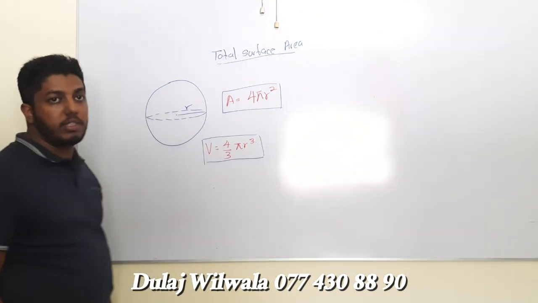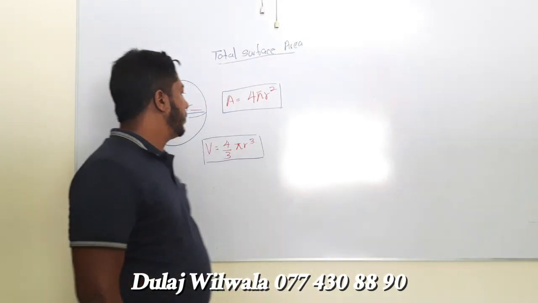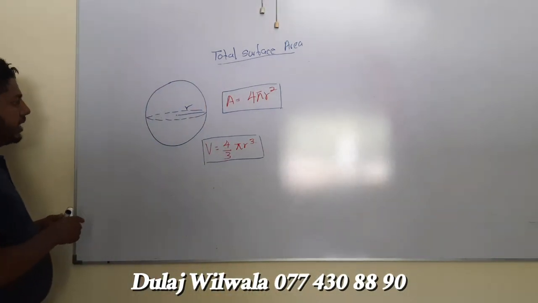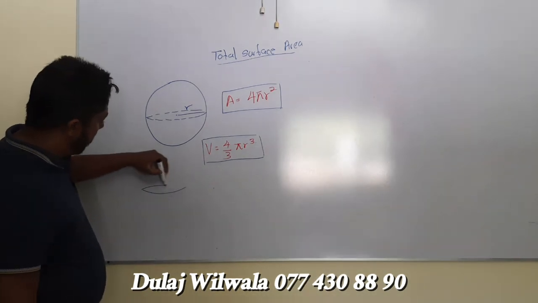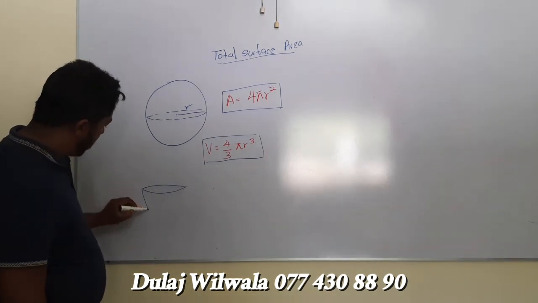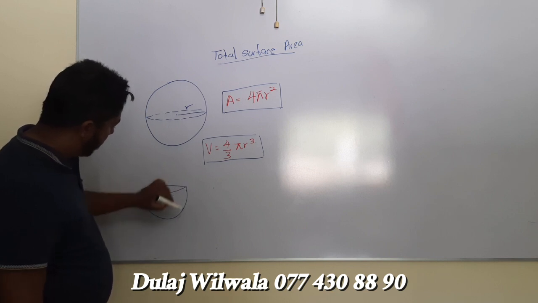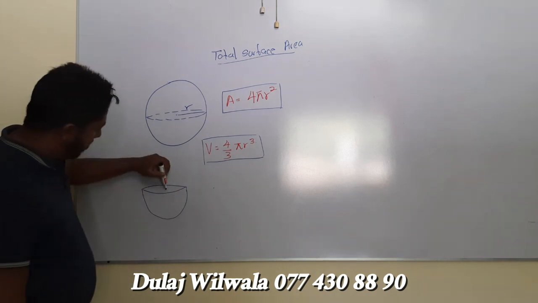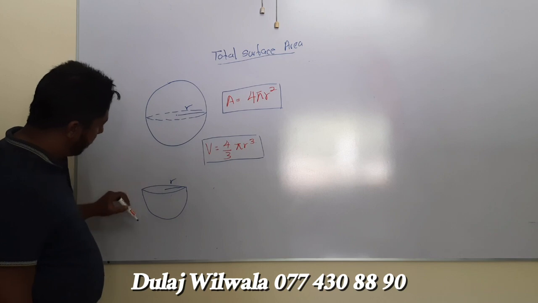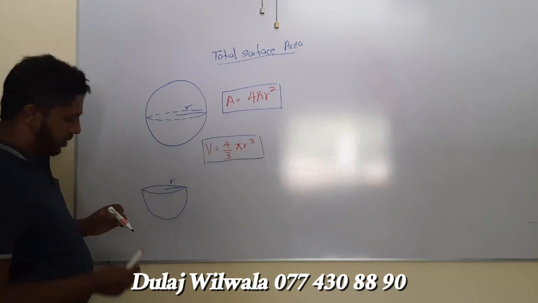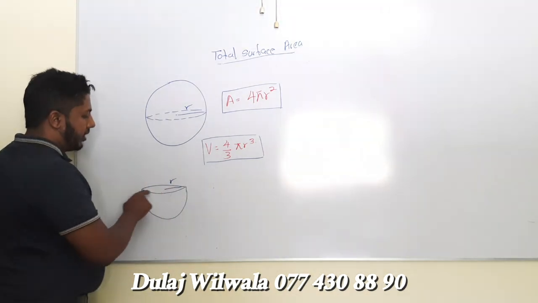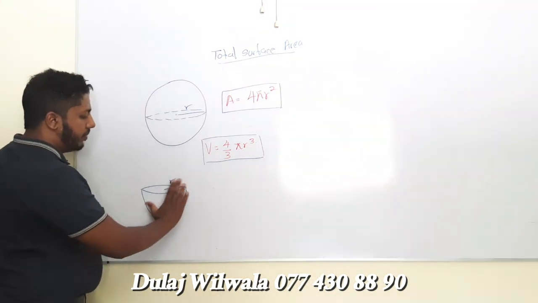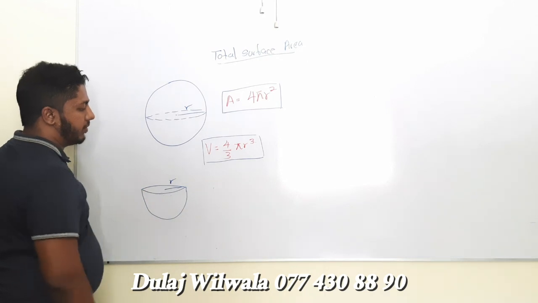when we are doing questions, we will come across something other than this, that is the hemisphere. Hemisphere is half of a sphere. So let's say this is R. So there are 2 surfaces. One is this circle on the top, and there's this curved surface.